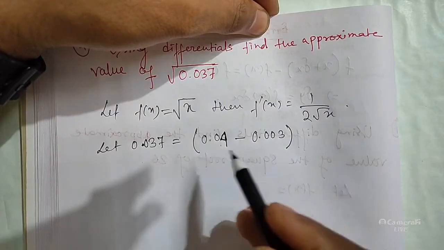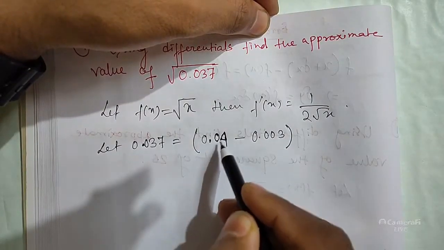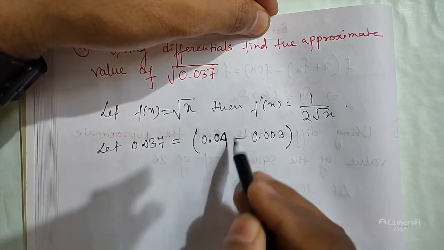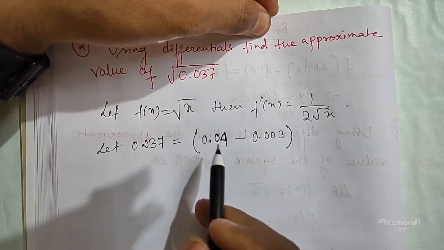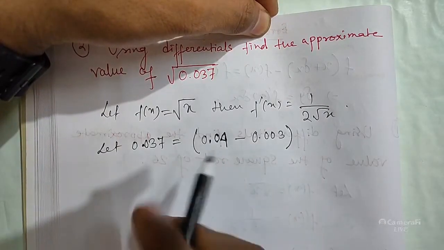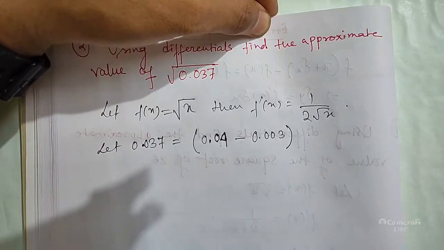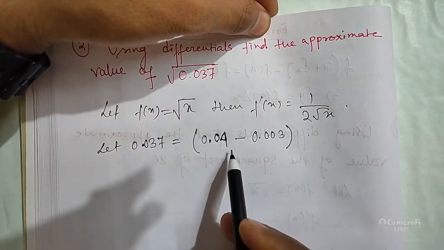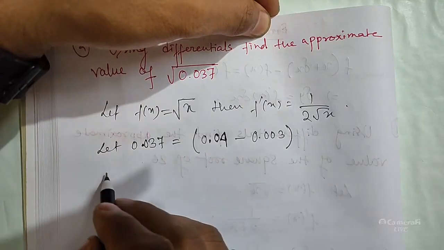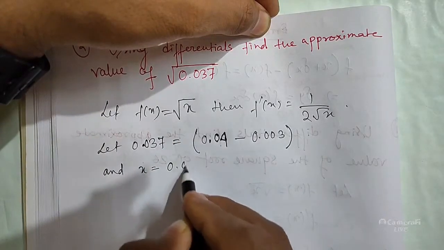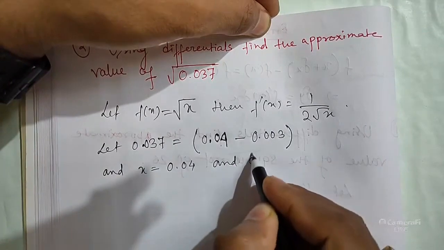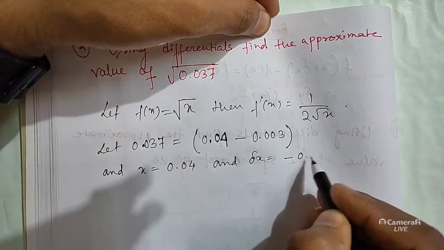Why have I taken 0.04? Because if we take the square root of 0.04, we can easily find it, that is 0.2. So you have to choose a number which is very close to this, and whose square root we can easily find since a square root is given. That's why we have taken 0.04. And also we choose x = 0.04 and Δx = −0.003.